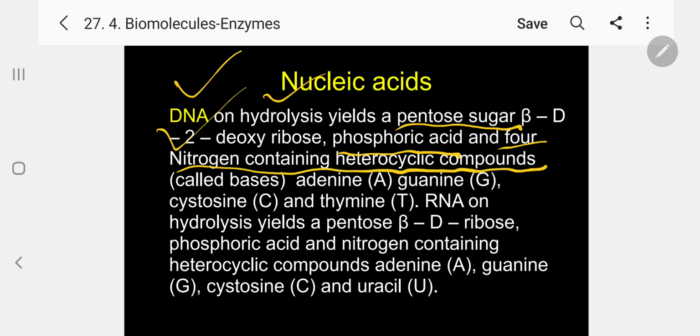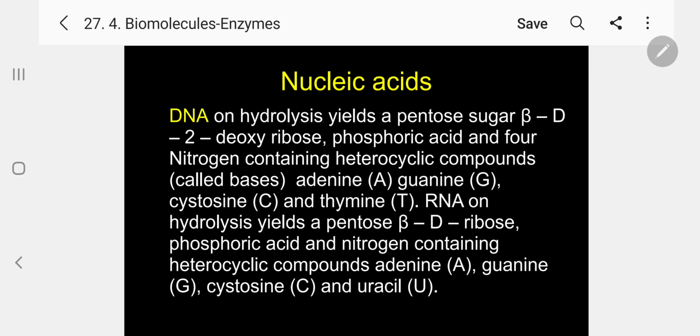So when you say DNA, it consists of three important macromolecules. One is the pentose sugar beta-D-2-deoxyribose. Phosphoric acid, second. Third is four nitrogen containing heterocyclic compounds called bases.